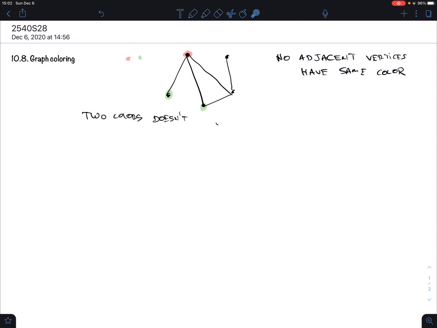So we give this green, and then we ask what color we can give this. But at this point there's nothing we can do. We had no choice because we cannot take red, and here we have no choice anymore. So backtracking doesn't tell us anything more. We know it cannot be done with two. So two colors doesn't work.